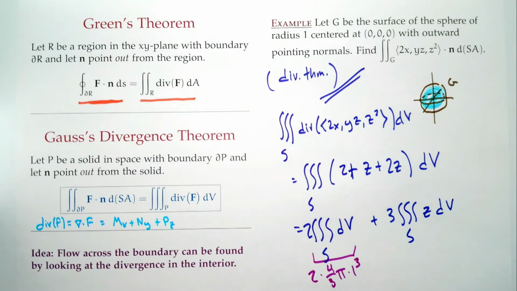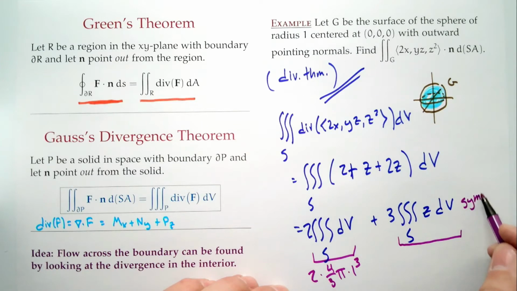Now this integral is not always easy, but sometimes you can look for things. In our case, is there anything that makes it easy for us? Yeah, there's some symmetry here. The sphere is ultra-symmetrical. You can take almost any plane that passes through the origin, and it's symmetrical about that plane.